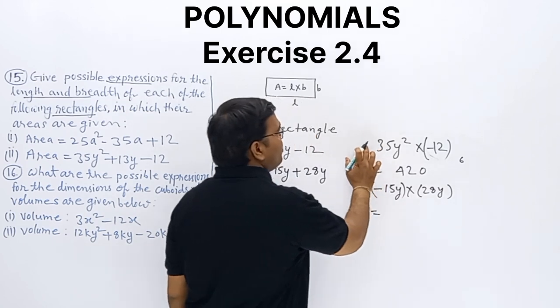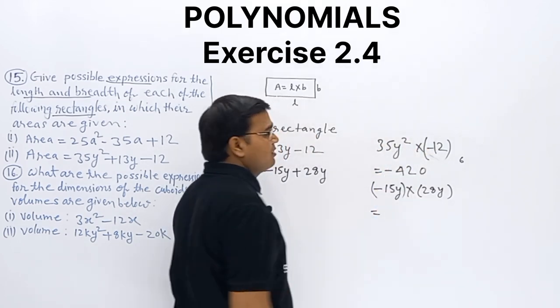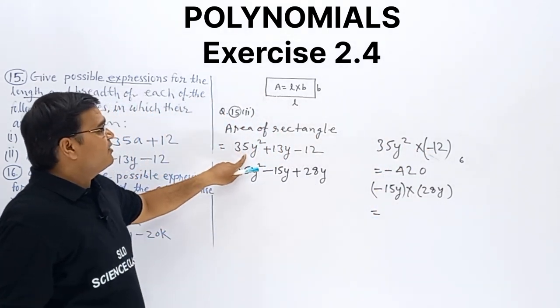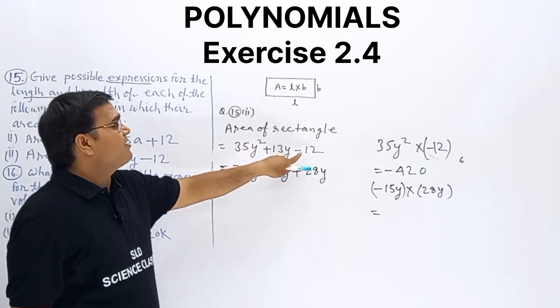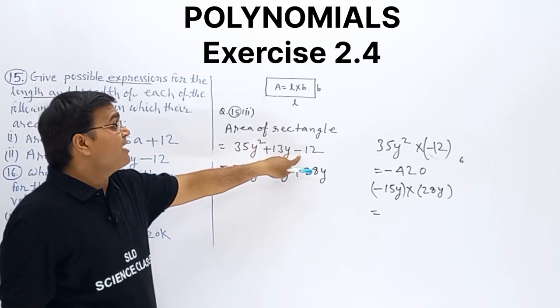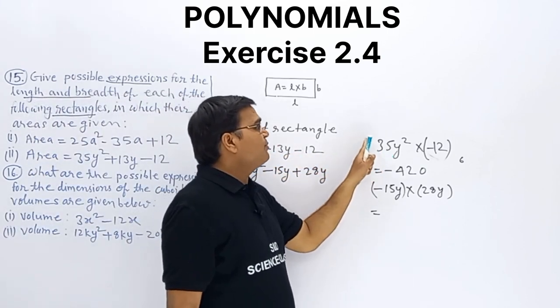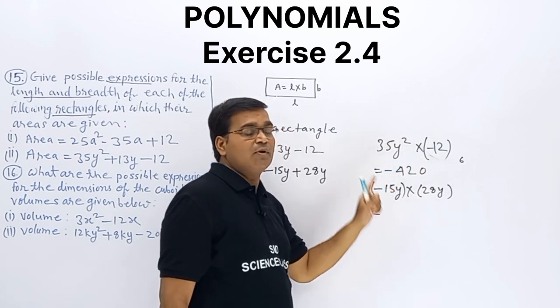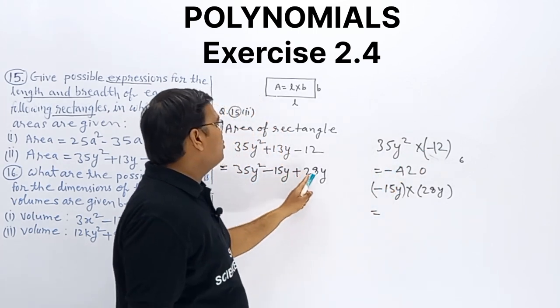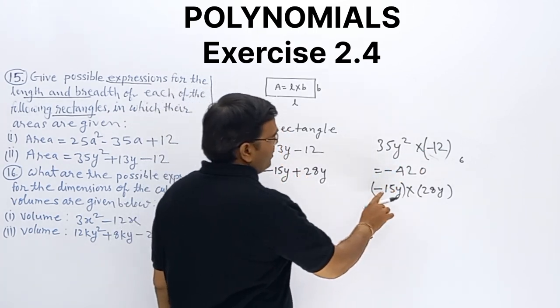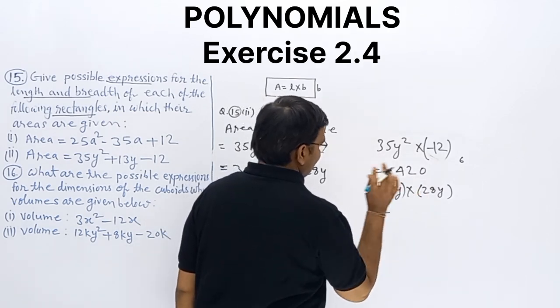So when we multiply, plus into minus will be minus. We get a negative answer. Now the product of both will also be minus, since minus into plus is minus.